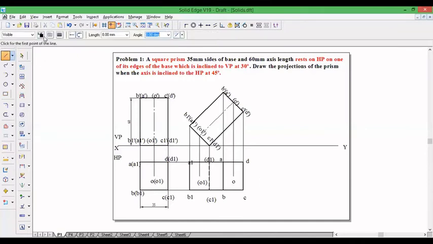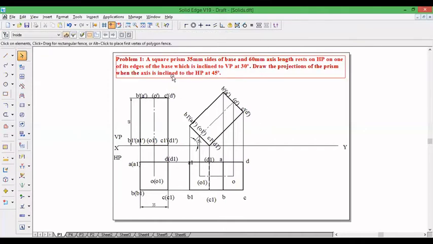Join these two points using chain line, O, O1 dash. So this completes the second position. And measure the angle of the axis with respect to the XY line, so it is 45 degrees.